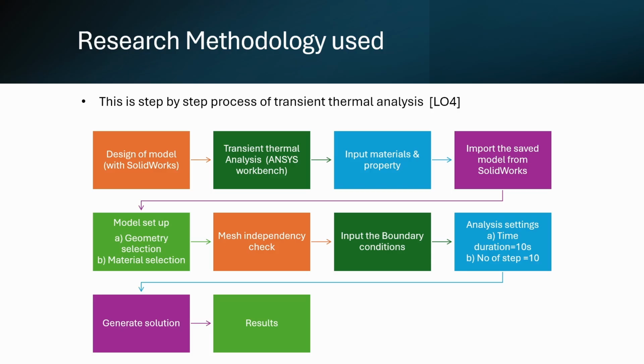I set up the geometry selection and material selection. In the mesh I did mesh analysis, and in Fluent I set up the boundary conditions, and I did the analysis settings, like how much time the analysis should run. And I got the result.